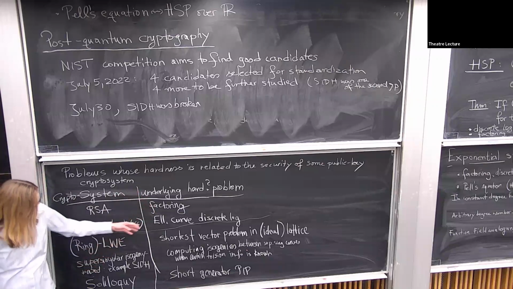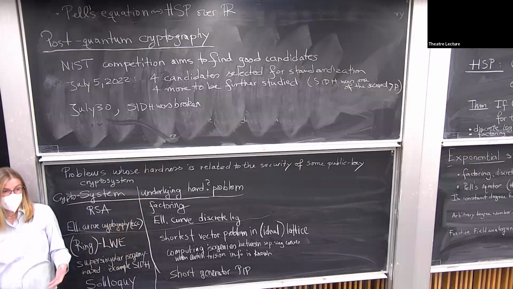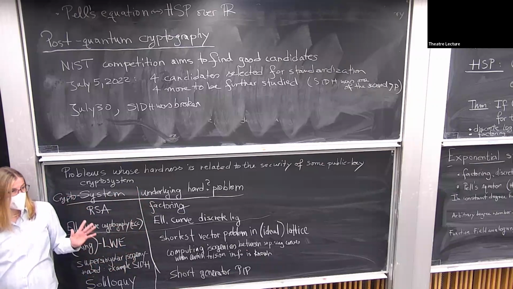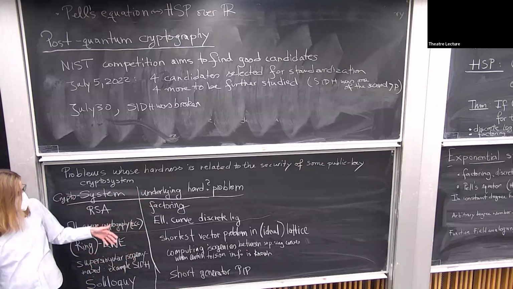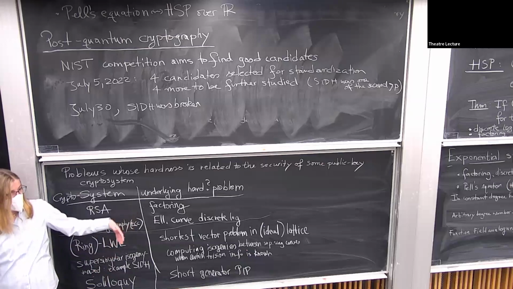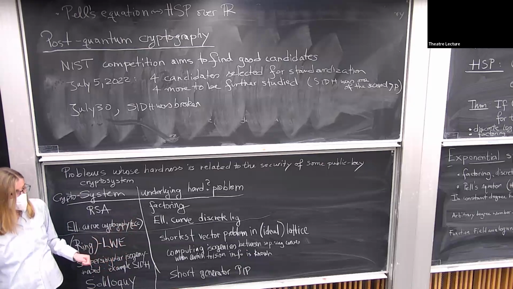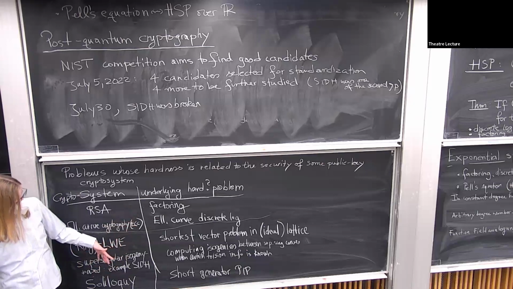But some of these systems rely on problems that have only been proposed in the last 10 years. So there it's much less, and they're not mainstream problems that number theorists are interested in anyway, but are now only being studied because they're the security assumption for the system. And so there it's much less clear how much attention they have really received.